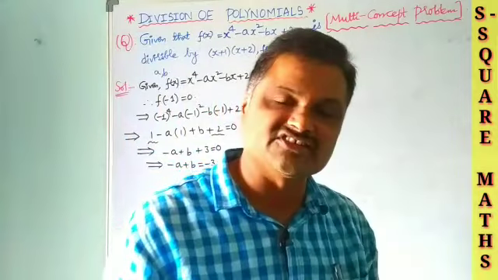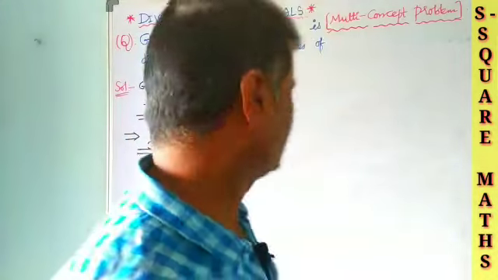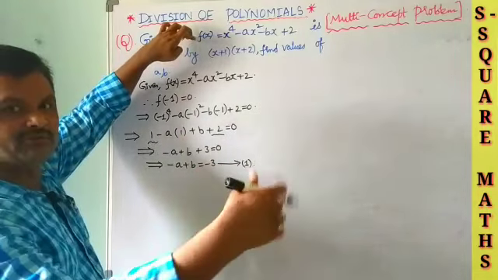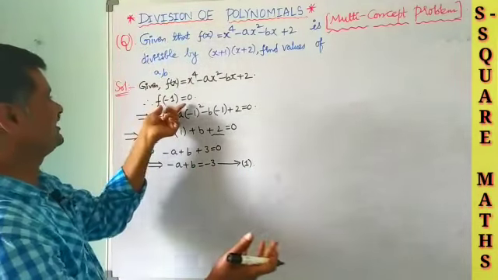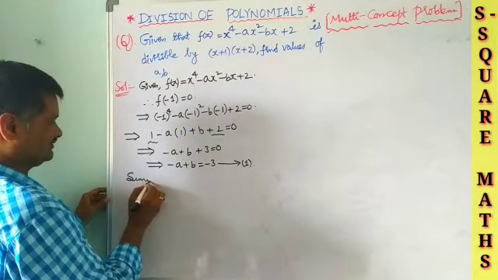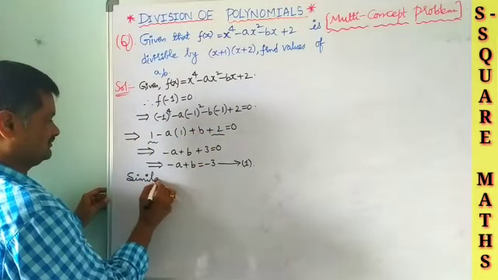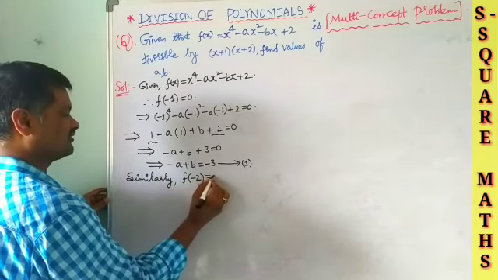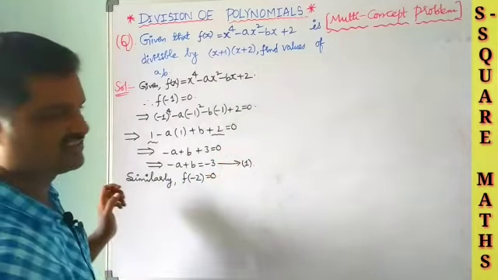So we got equation 1 by applying factor theorem for our given f of x, since it is divisible by both x plus 1 and x plus 2. So here f of minus 1 is 0. Similarly, I can write f of minus 2 is 0. Be careful from this onwards.